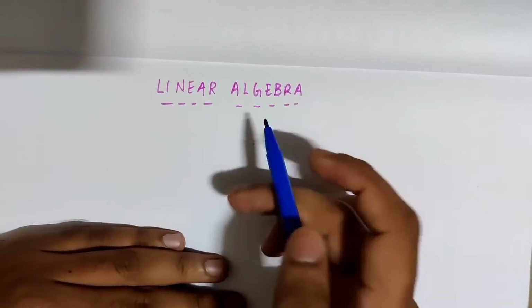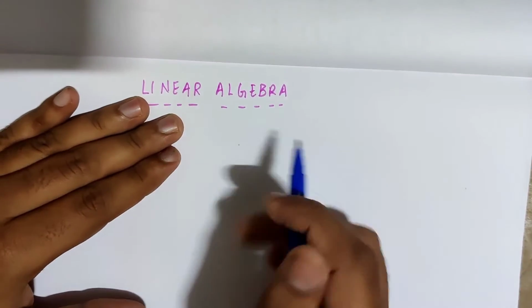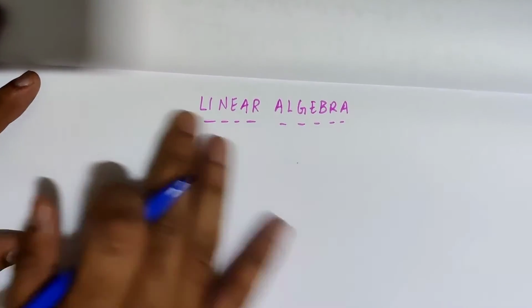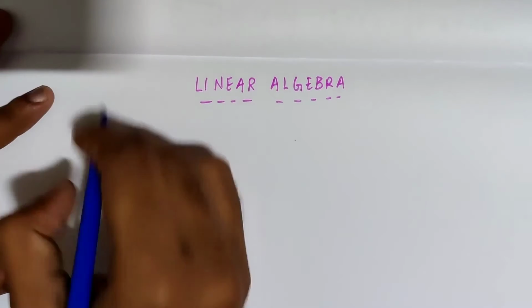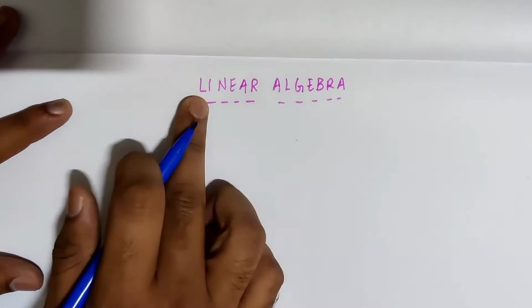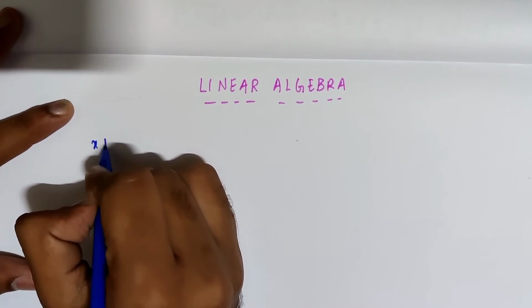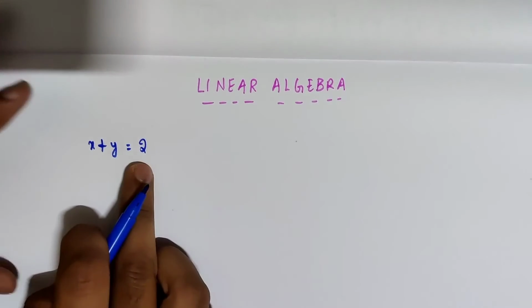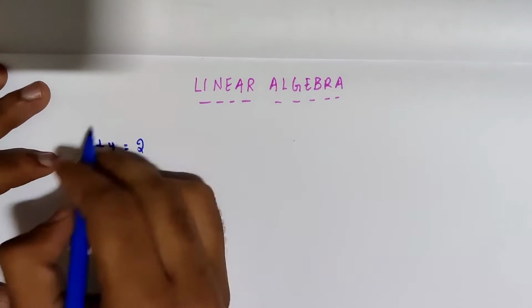What does algebra mean? When you have two linear equations, which have variables as well as coefficients, let us consider one equation: x plus y is equal to 2. This is one of your line equations.